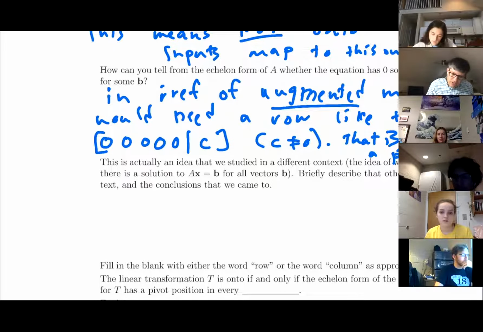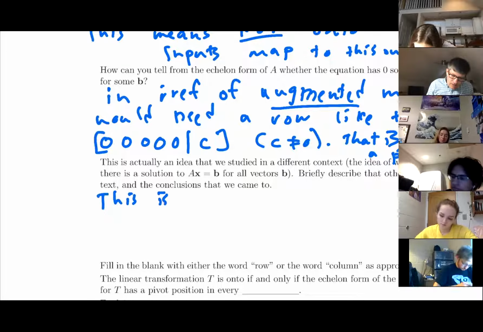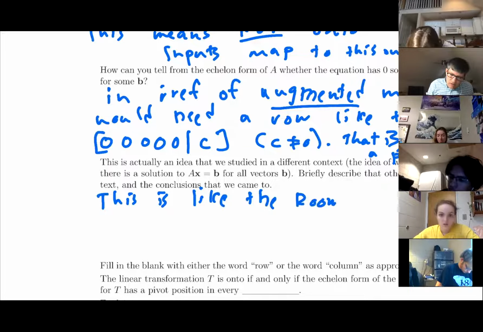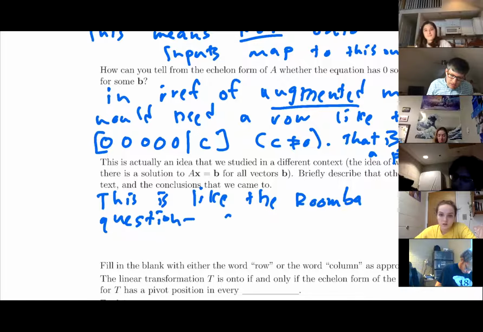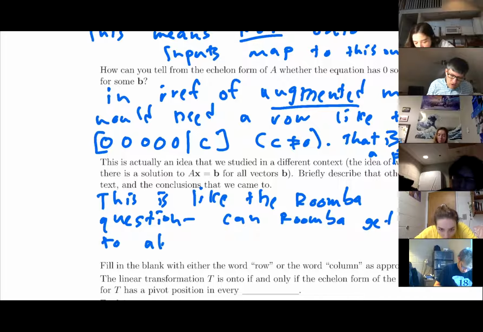So I will say this is like the Roomba question. Can Roomba get to all points in, well, now I don't remember what it is. Let's make sure I get it right.